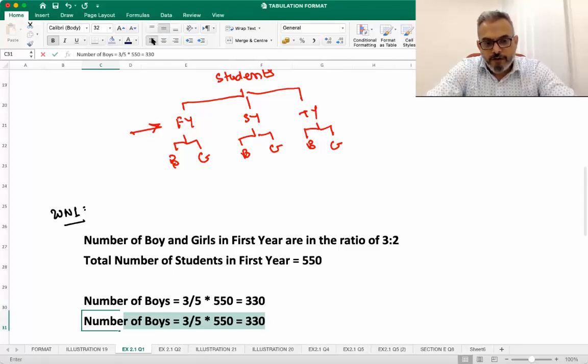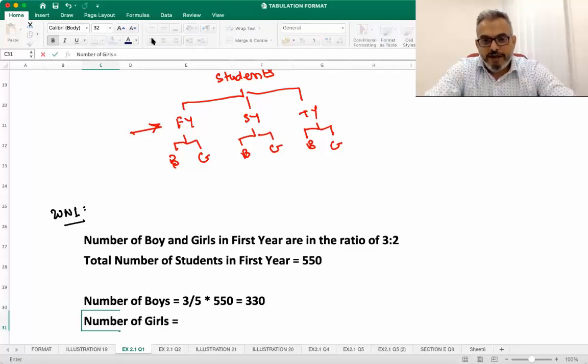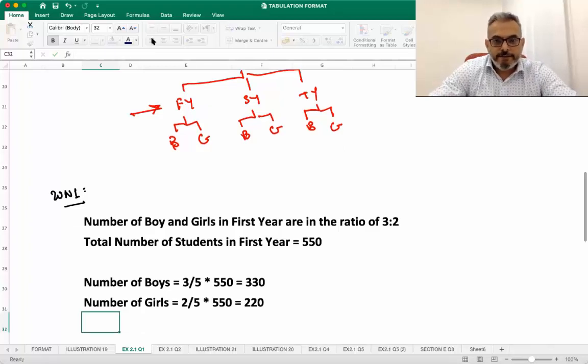Number of girls, the ratio is 3 is to 2, so 2 divided by 5 into 550, which is equal to 220.